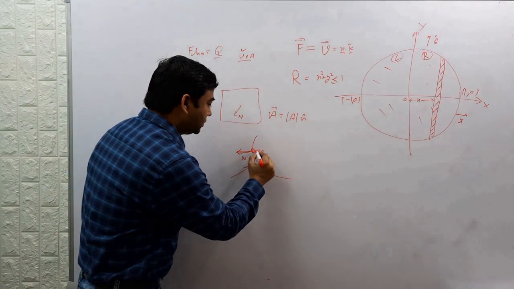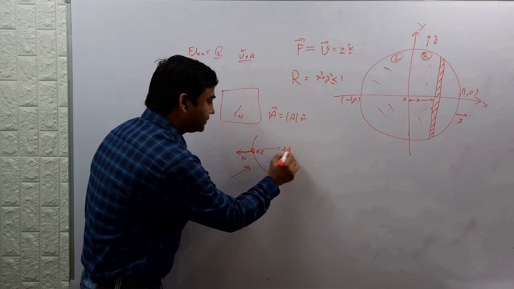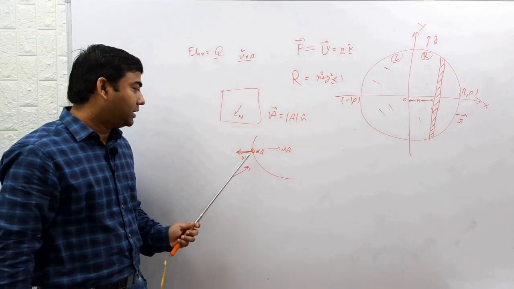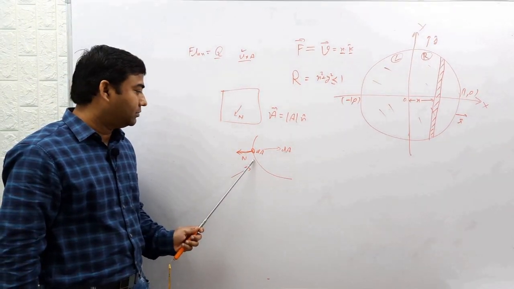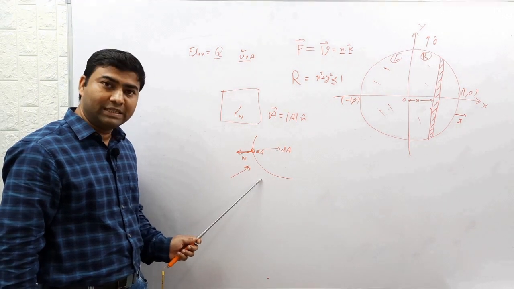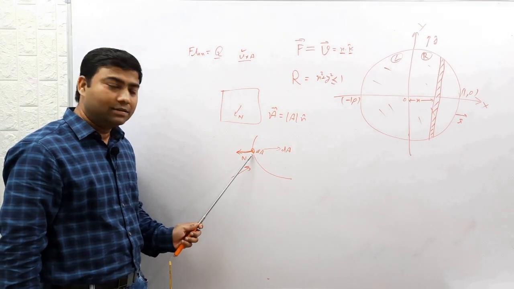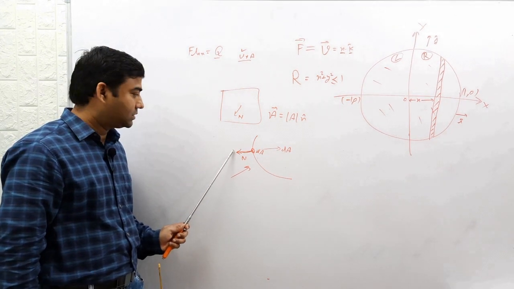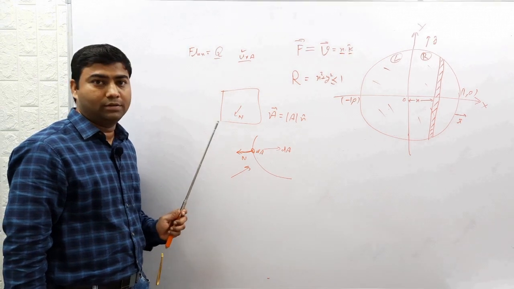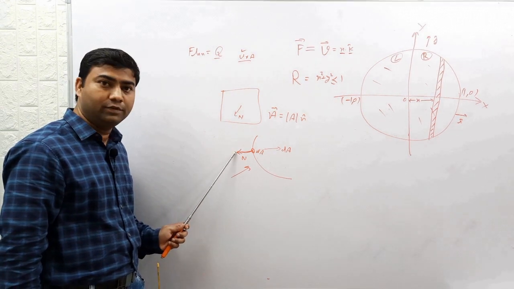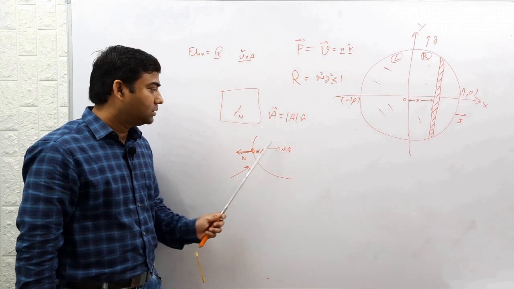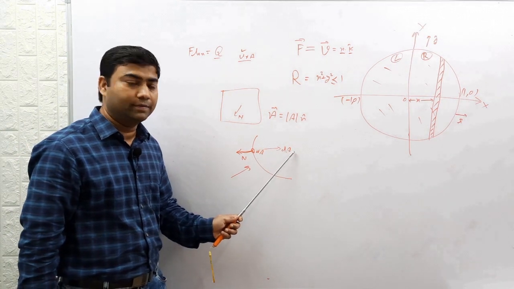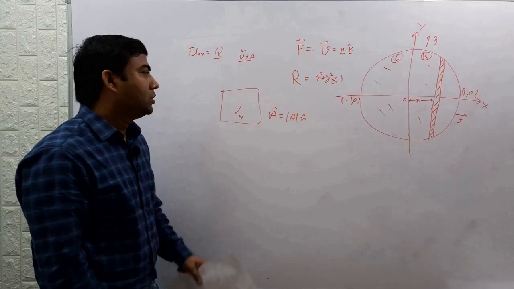Here it is fixed. For a curved area, please remember, when you see from the convex side, the area vector will have direction outward from this convex surface towards the viewer. You cannot choose it towards the concave region. You have to choose it in the convex region.